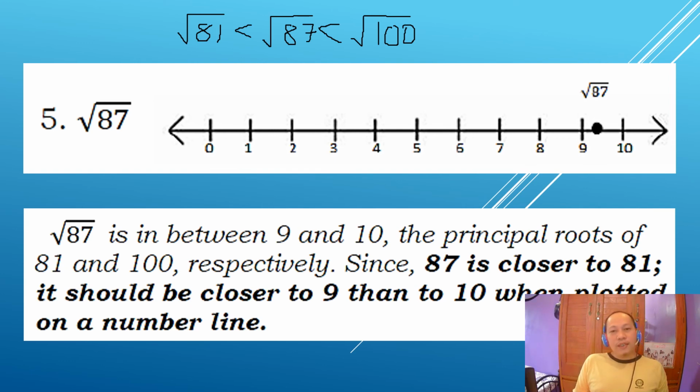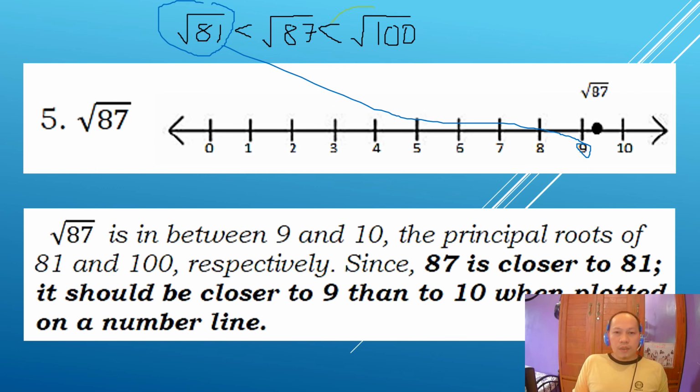So, ayun nga. Okay? Basta ang ideya lang natin dito, sa dalawang consecutive integers makikita yung irrational number na square root na yan. Okay? So, kaya ang square root of 81, ito yung 9.